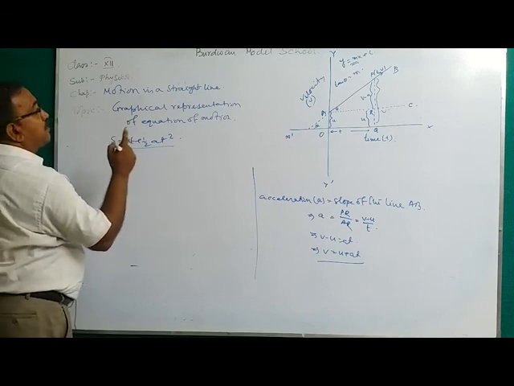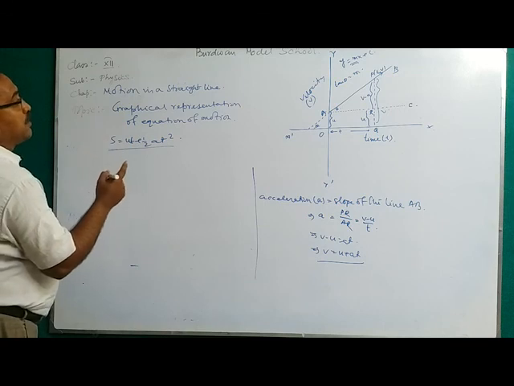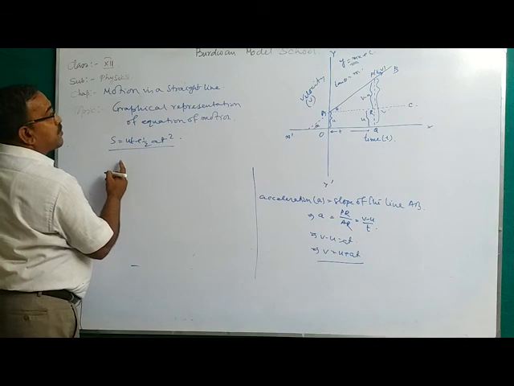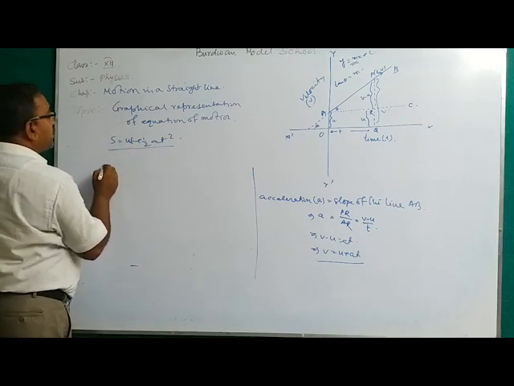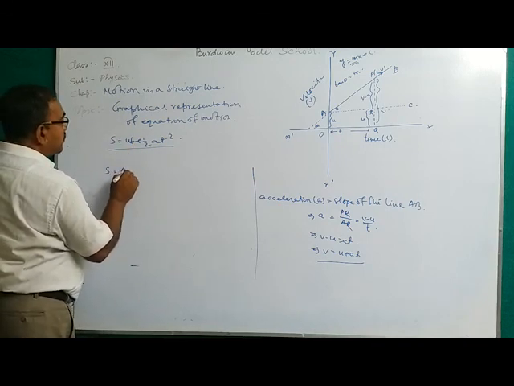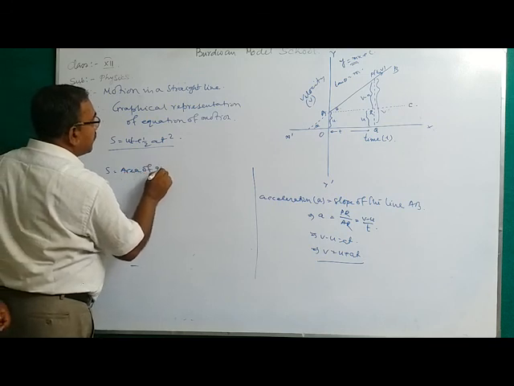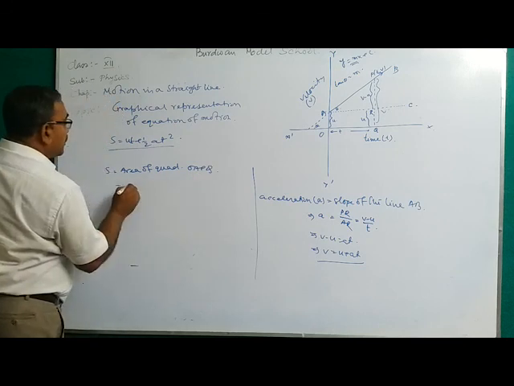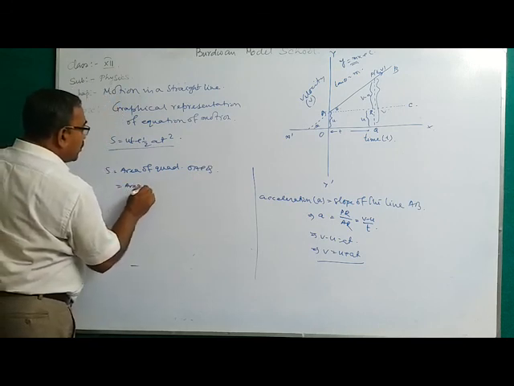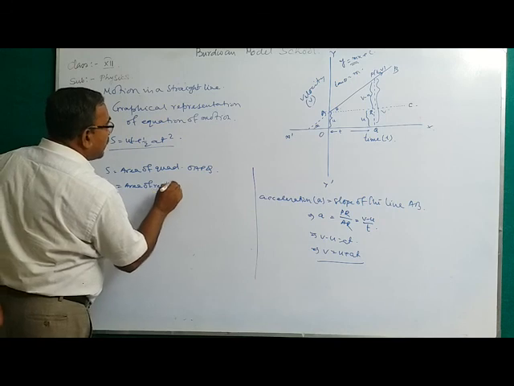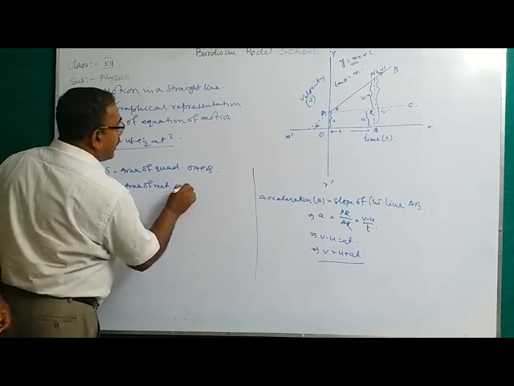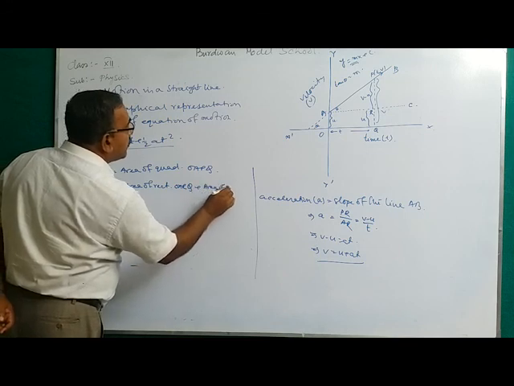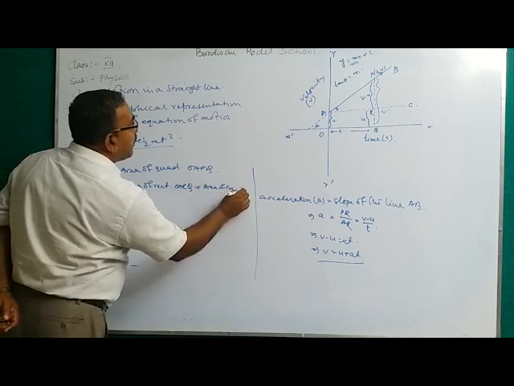Suppose the body or the particle travels a distance s after the time t, that is equal to the area of quadrilateral OAPQ, that is equal to the area of rectangle OARQ plus the area of triangle APR.